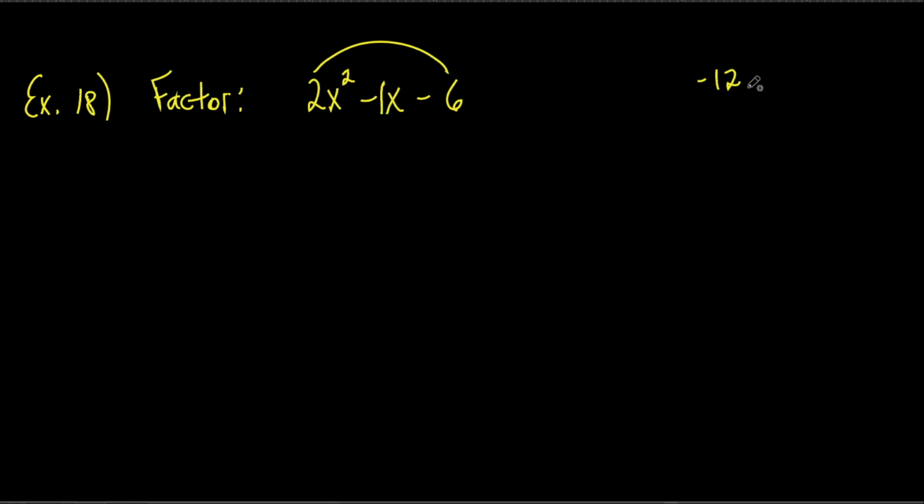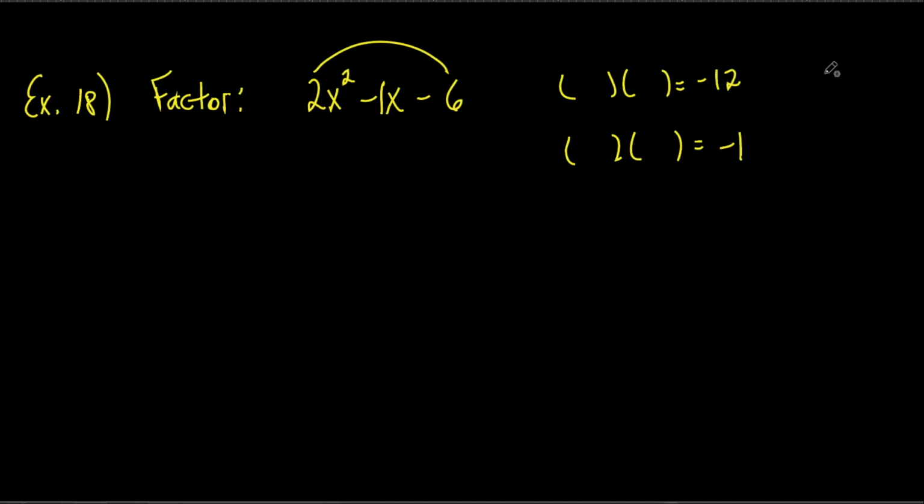So what we're going to try to figure out is what multiplies to negative 12, and those same 2 numbers have to add up to be what? That middle coefficient, negative 1.